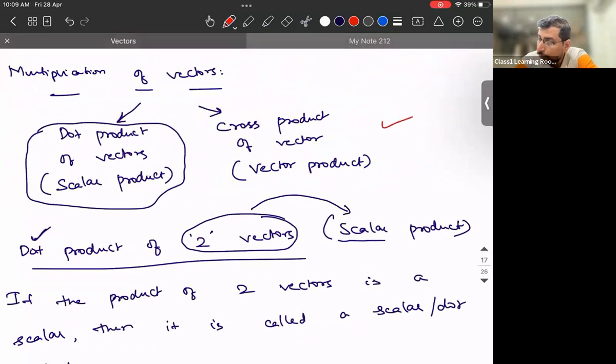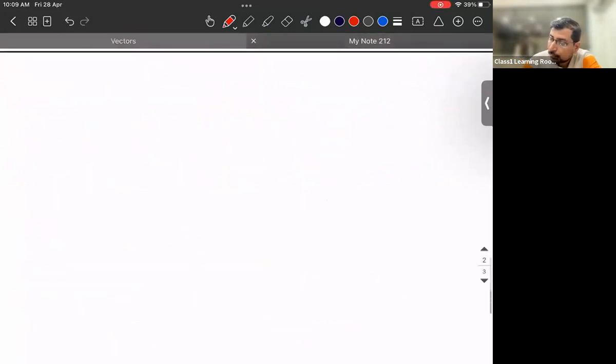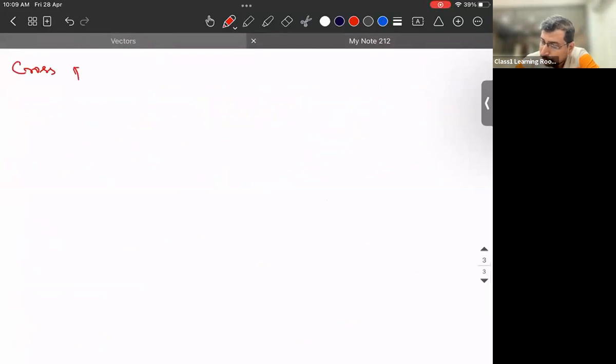See, actually, I was supposed to give you the video. I missed it. So for the cross product of vectors, the next concept is going to be cross product of vectors, which is given like this.